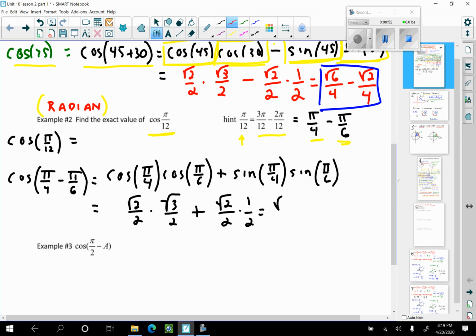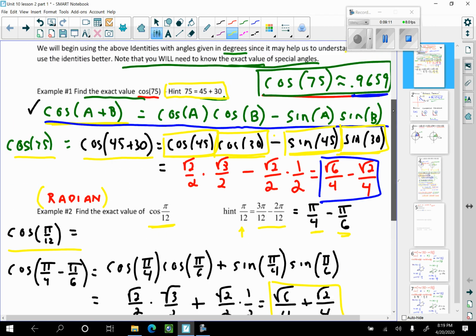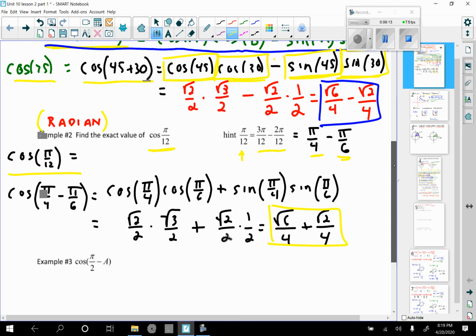This is going to be the square root of 6 over 4 plus the square root of 2 over 4. And this, ladies and gentlemen, is the exact value of the cosine of pi over 12. Very nicely done. I hope you can see the application of these two formulas.